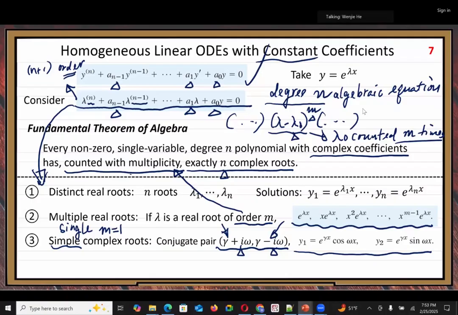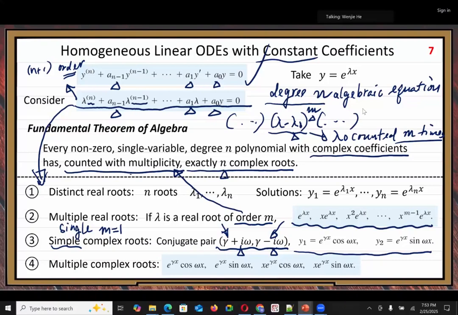This time we consider complex roots with certain multiplicity, multiple complex roots. First we have the 2 solutions similar to that simple case.